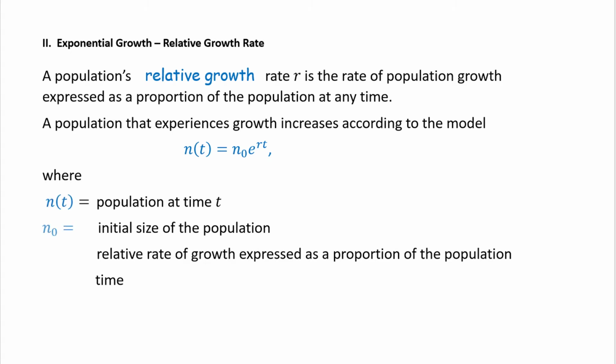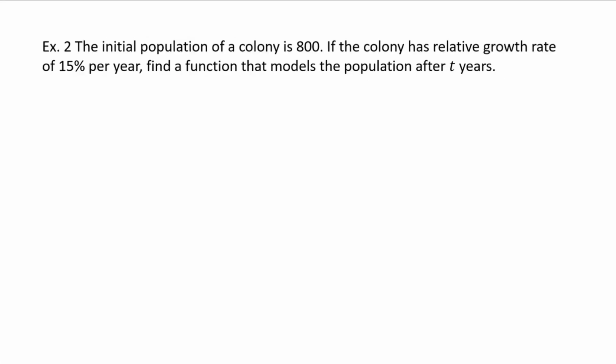N sub naught is the initial size of the population. R is the relative rate of growth expressed as a proportion of the population, and t is equal to time. This relative growth rate formula is exactly the continuously compounded interest rate formula. The variables have been renamed, but otherwise it is exactly that same formula.